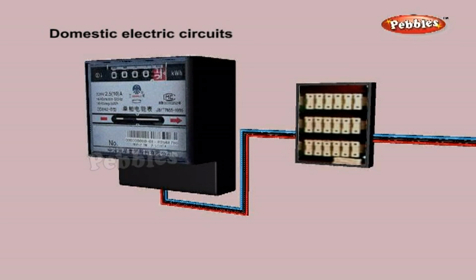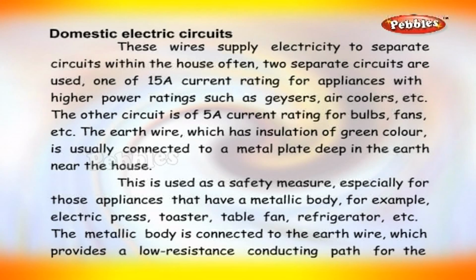Often, two separate circuits are used, one of 15 amp current rating for appliances with higher power ratings such as geysers, air coolers, etc. The other circuit is of 5 amps current rating for bulbs, fans, etc. The earth wire, which has insulation of green color, is usually connected to a metal plate deep in the earth near the house.